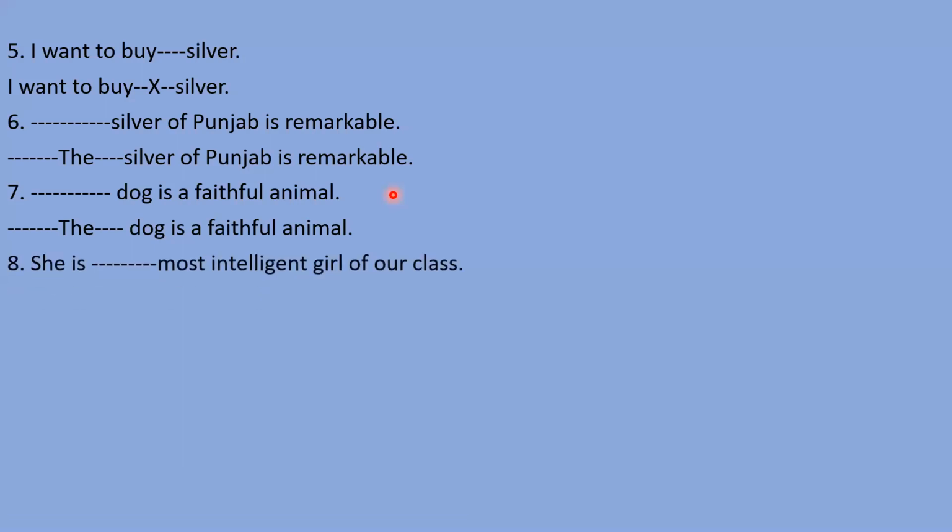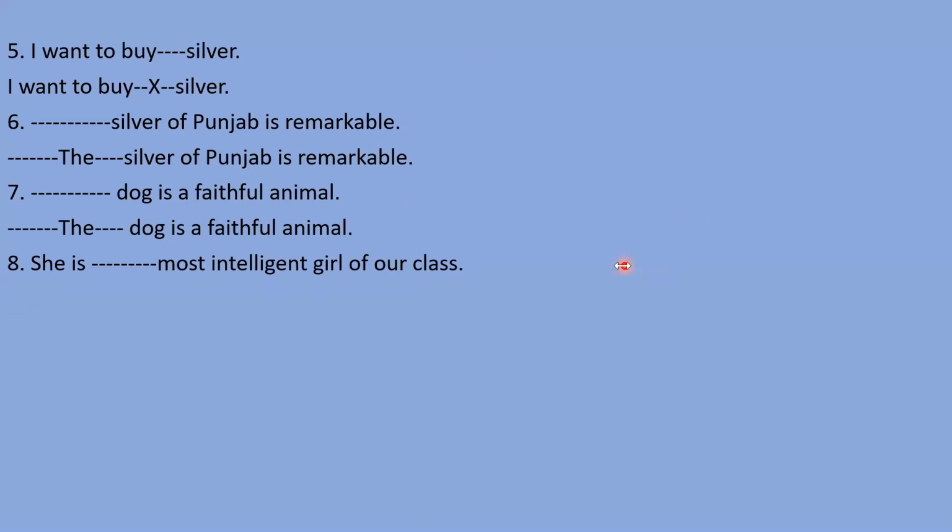Next sentence: she is most intelligent girl of our class. In this, what article will come? Mansi, you please tell me. Sir, she is the most intelligent girl of our class.